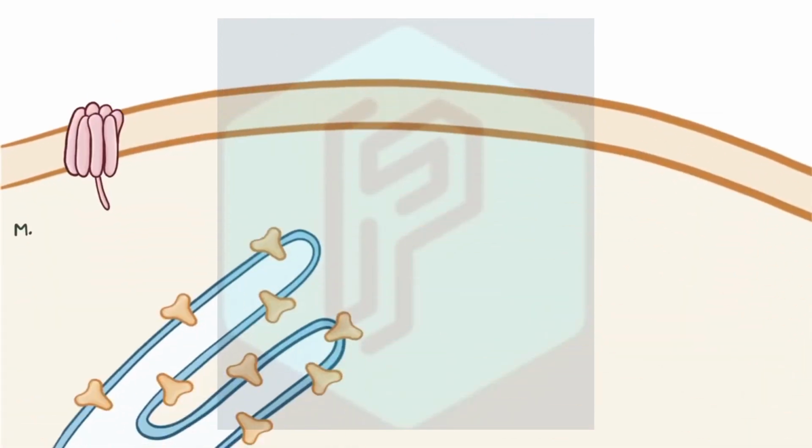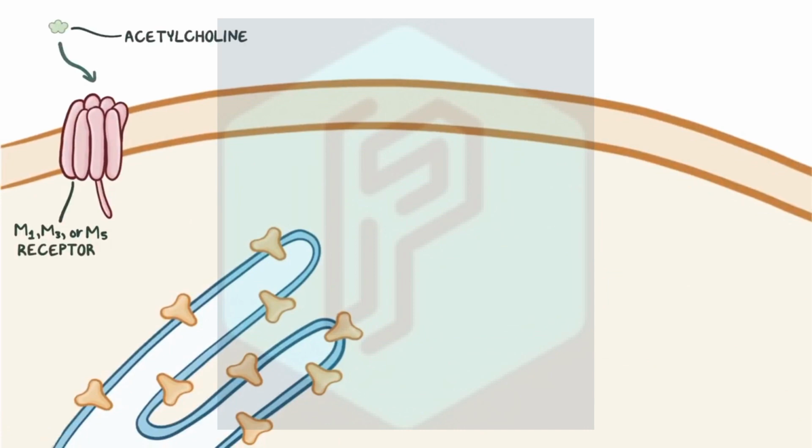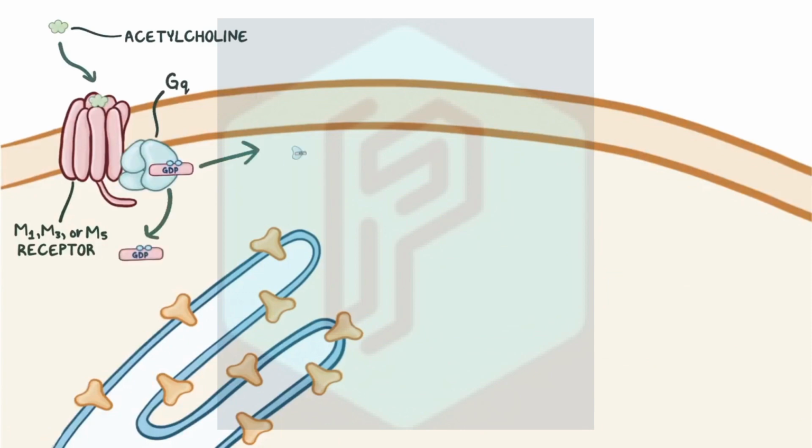Now, when M1, M3, or M5 receptors bind to acetylcholine, the receptor changes its shape. And this allows the GQ protein to release GDP and bind GTP instead, activating it. The active GQ protein then activates the enzyme phospholipase C, or PLC, which is found in the cell membrane.